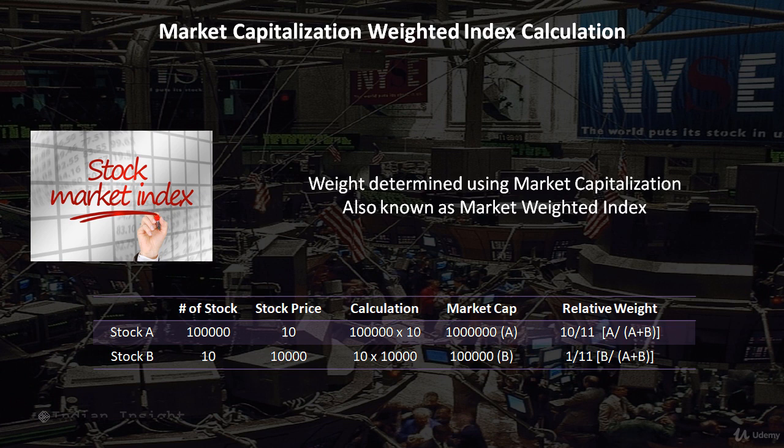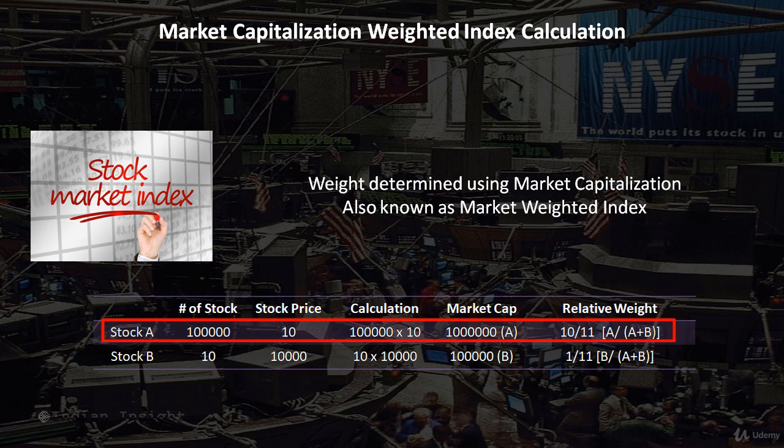This ensures that a stock with greater market capitalization has greater influence on the index. So in case of this example, if stock A has 100,000 stocks issued while stock B has only 10 stocks issued, then the market capitalization of stock A would be 1 million, while that of stock B will be 100,000.